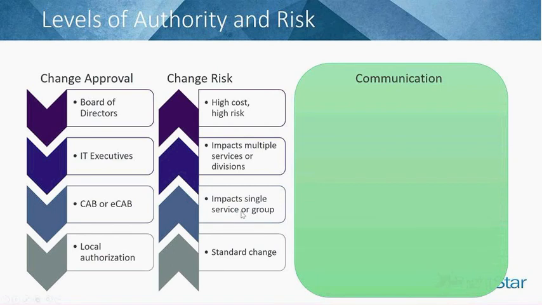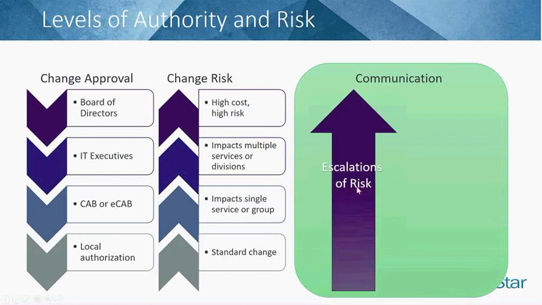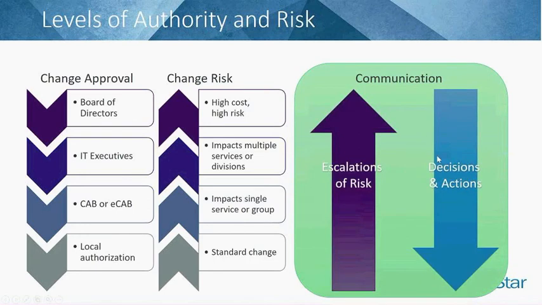If these are small changes, with relatively low impact compared to a large change, then you can put the Scrum group or the Kanban process within this local level of authorization. So you're really pushing down the level of approval because we are identifying these changes as low risk.